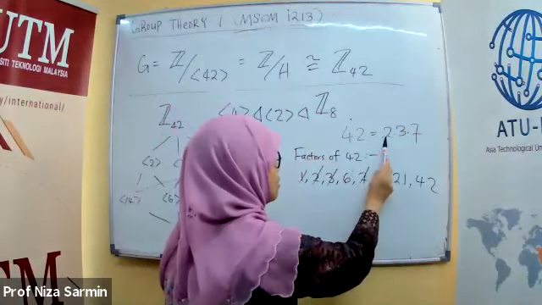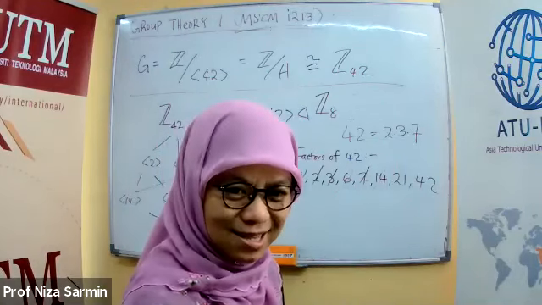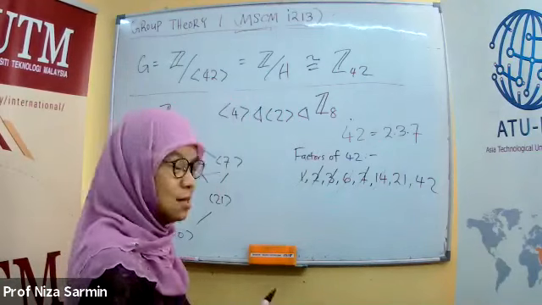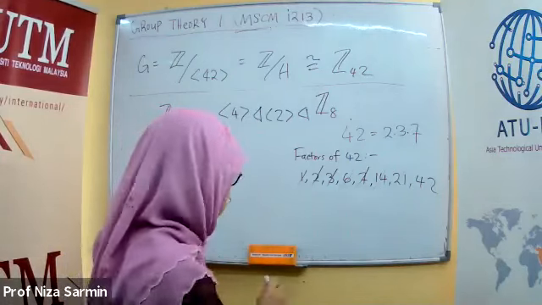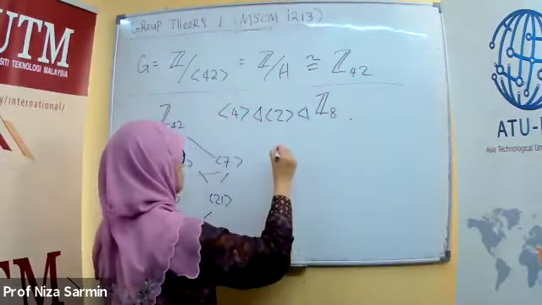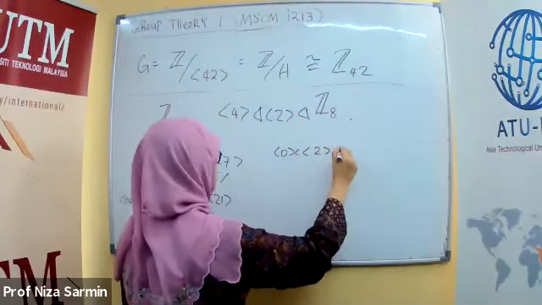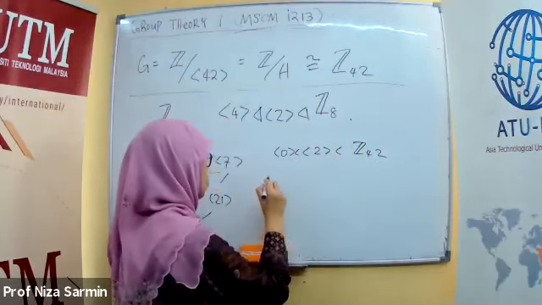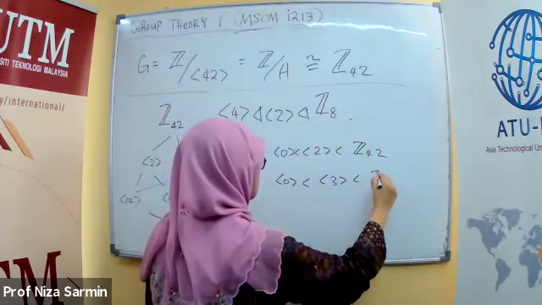Now we have how many composition series? 3. Because this is the maximal subgroup. This is the maximal normal subgroup. So your composition series will be 0, 2, and this, or 0, 3, this.